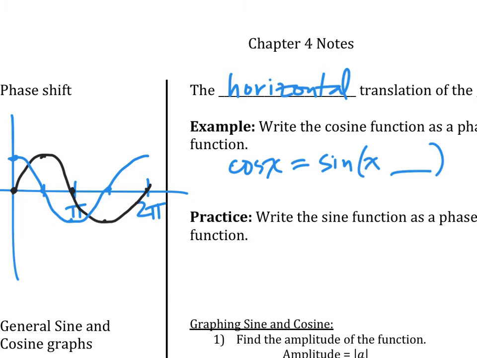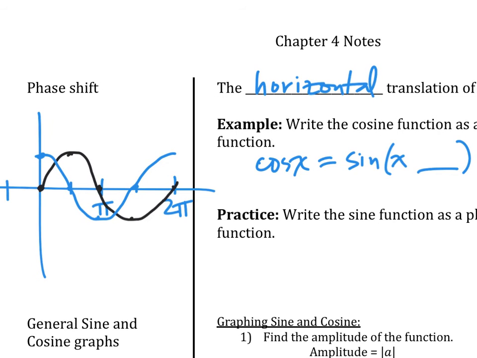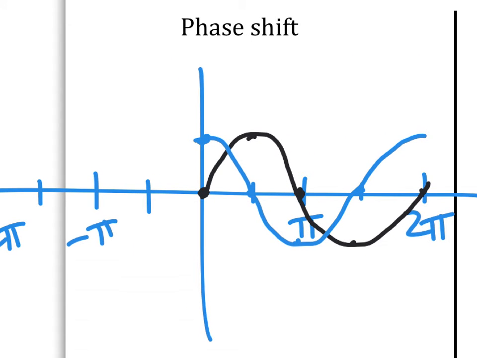So how do we shift the sine graph, which in this case is black? How do we move the sine graph so we can push it to show up as the cosine graph? Well, this is pretty simple. You can see that this sine graph here, if I push it to the left this much, then the graphs would lie on top of each other. And how much do I have to move?